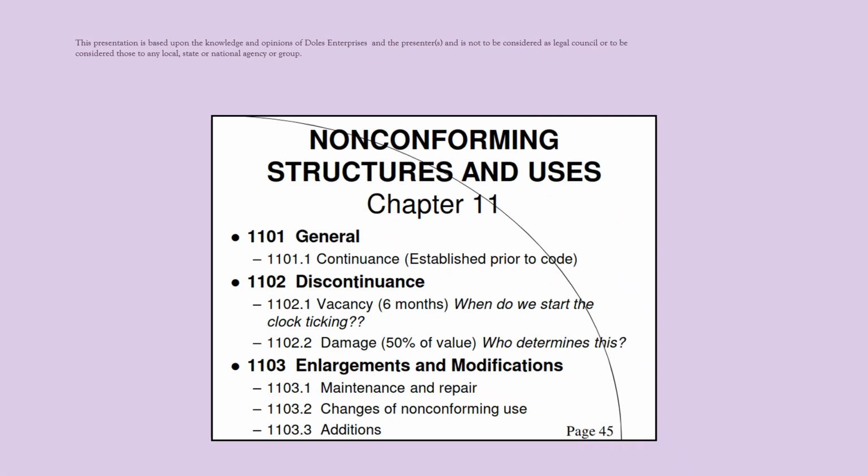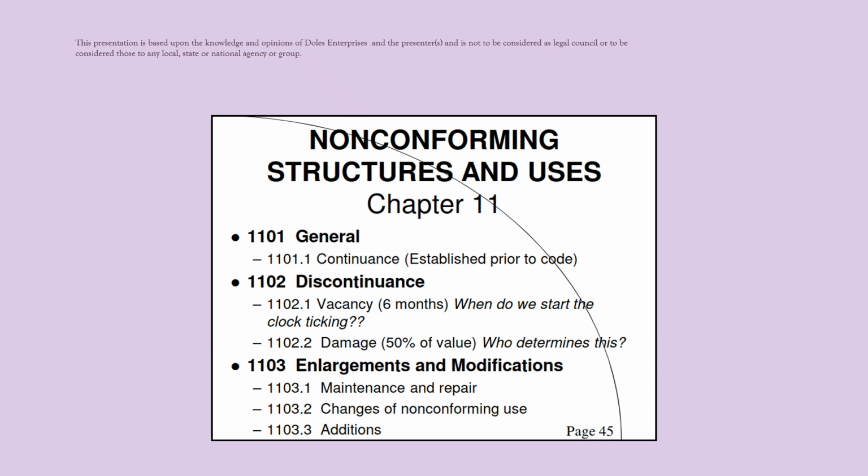Non-conforming structures and uses. Except as otherwise required by law, a structure or use legally established prior to the adoption date of this code may be maintained unchanged. Any lot or structure or portion thereof occupied by a non-conforming use, which is or hereafter becomes vacant and remains unoccupied by a non-conforming use for a period of 6 months, shall not thereafter be occupied except by a use that conforms to this code.